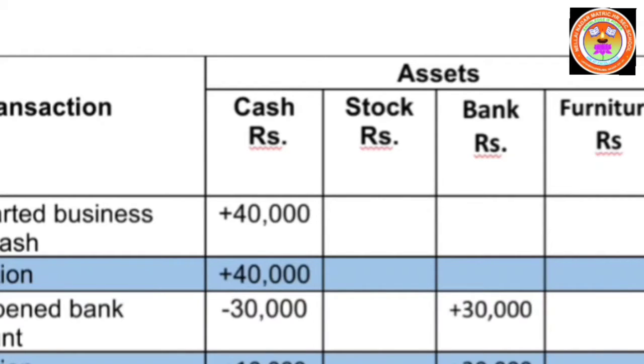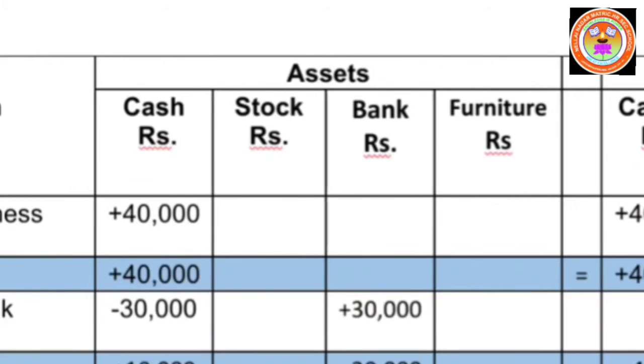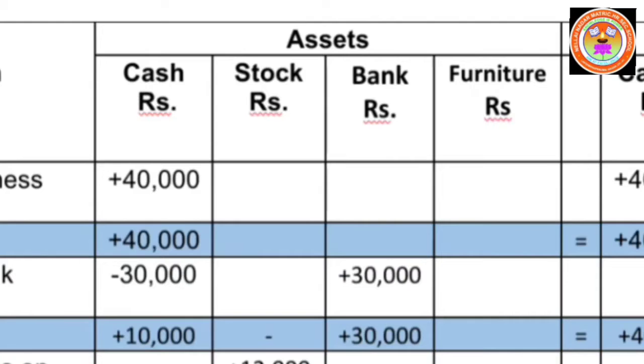You have to add a plus symbol if any one of your assets increases or any one of your liabilities increases. You have to put the plus symbol before the amount. If the nature of the transaction decreases your liability or asset, you should put a minus symbol before the amount.